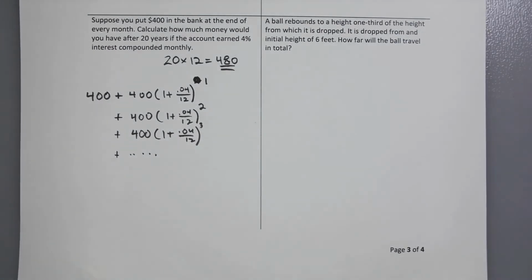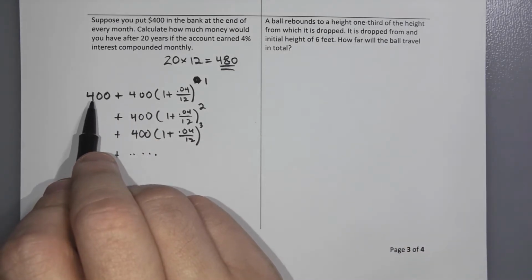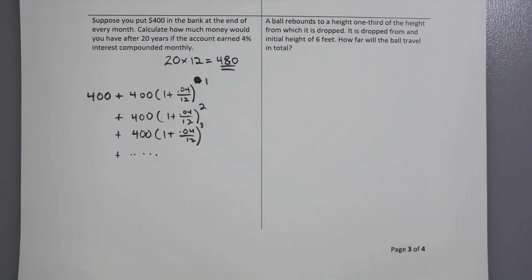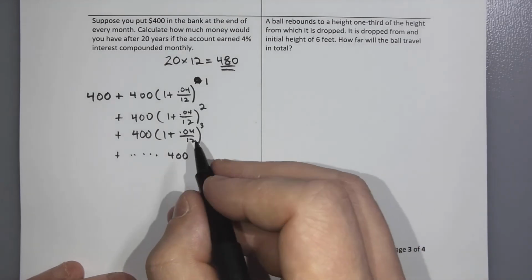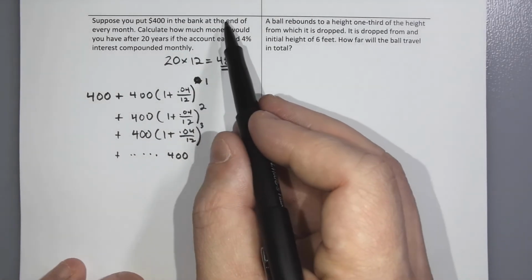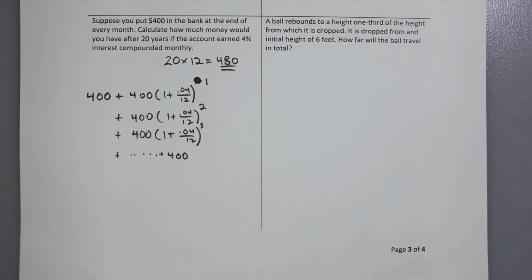And we're going to be doing this for 20 years. This one here was put in at the end of the month, so it didn't have any interest. That means technically the one that we put in at the very beginning would have 479 interest periods, because we're only putting it in at the end of the month.